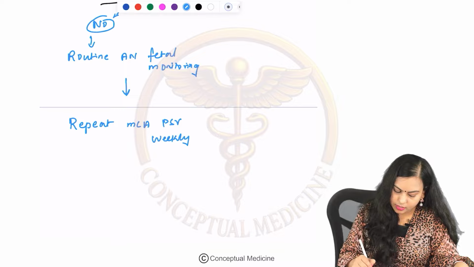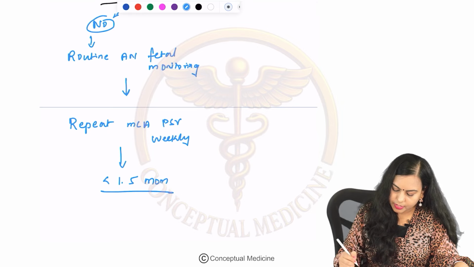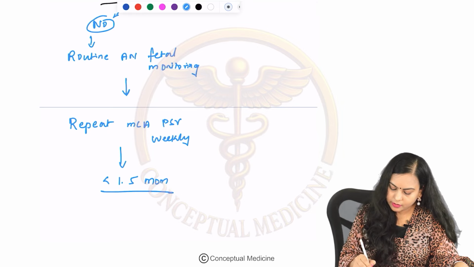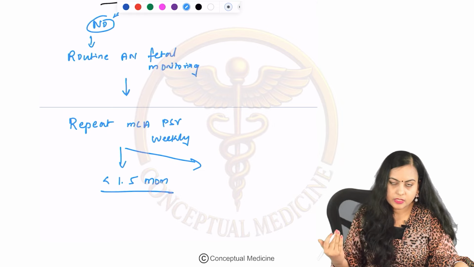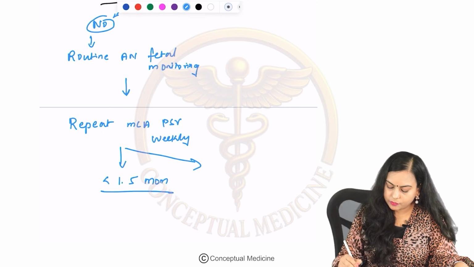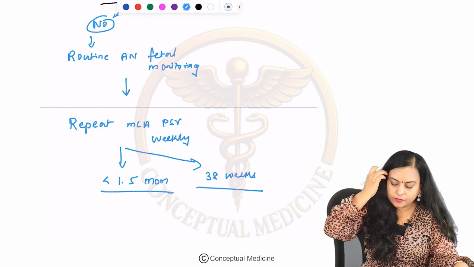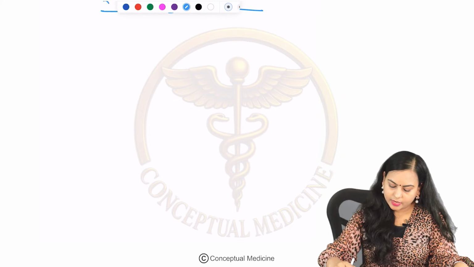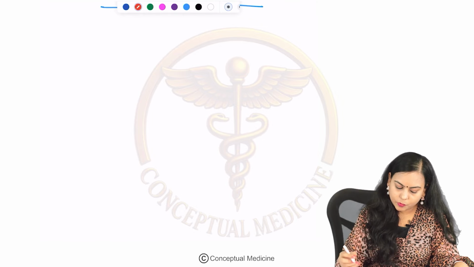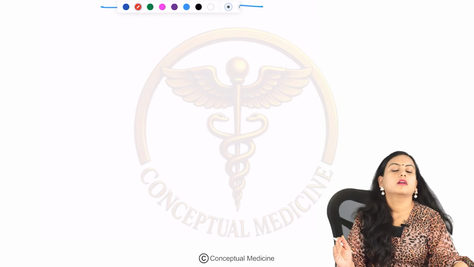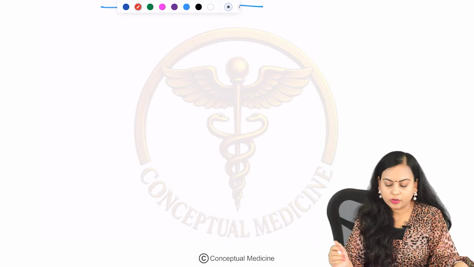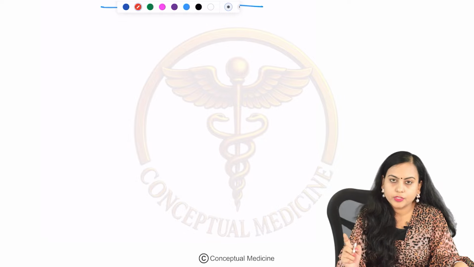Then whenever it becomes more than 1.5 multiples of median, you have to deliver her. Suppose if it is maintaining below 1.5 multiples of median, then you can deliver her at 38 weeks. Clear?